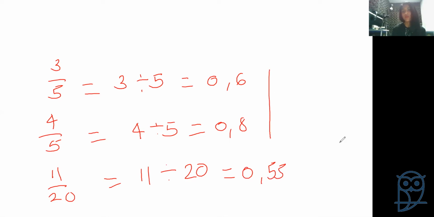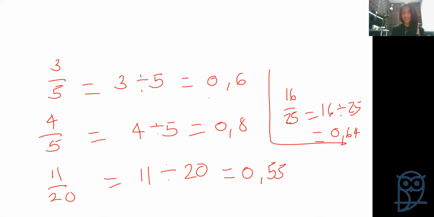Let's do one more. 16/25 is the same as 16 divided by 25, and if you calculate that, it'll be 0.64. Anybody unsure of what I'm doing? Okay, everybody understands how to convert a fraction to a decimal number.